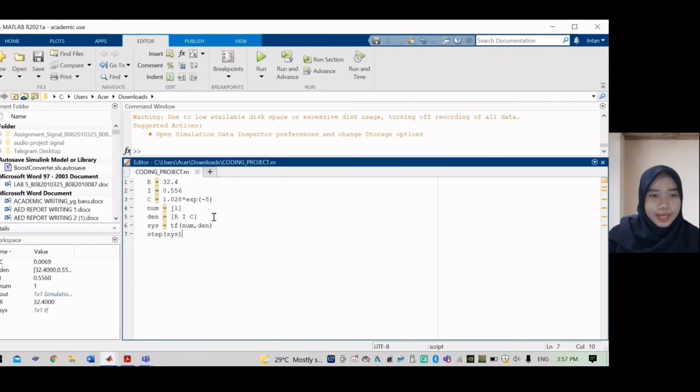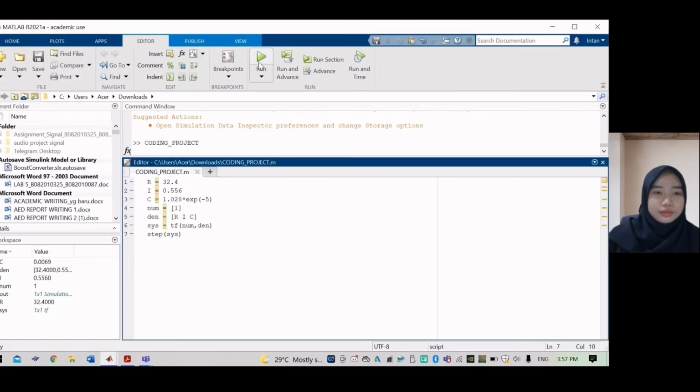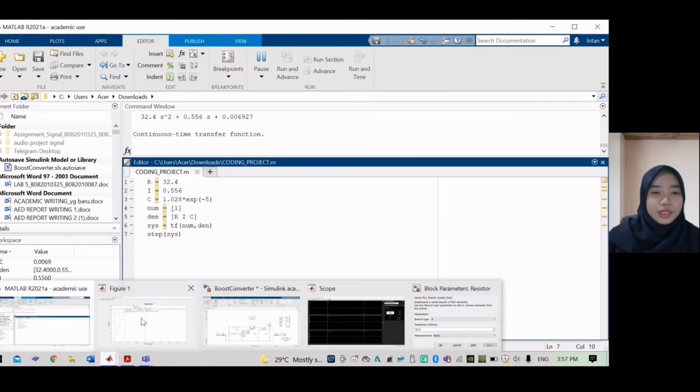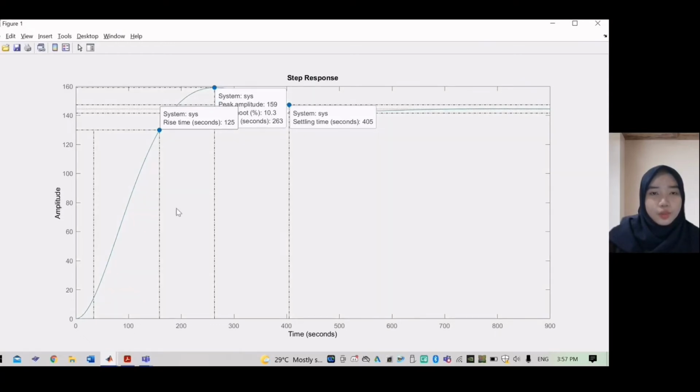Next, the coding to get the graph of the step response curve. So this is the step response curve.